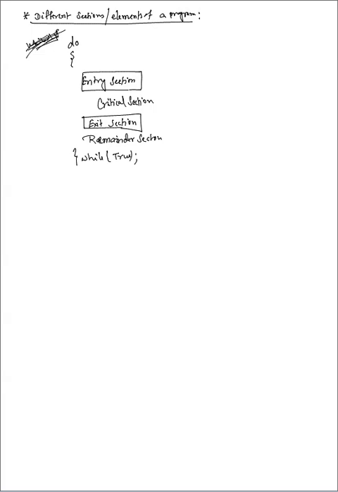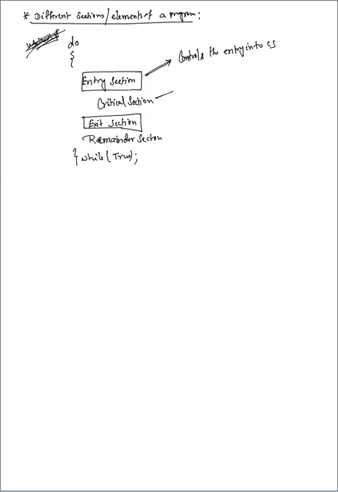Okay, so let us see what is the entry section. So basically it controls the entry into critical section. For example, there are multiple processes competing for the critical section. So basically entry section has some conditions or some logic by which it controls the process entering into the critical section, right?